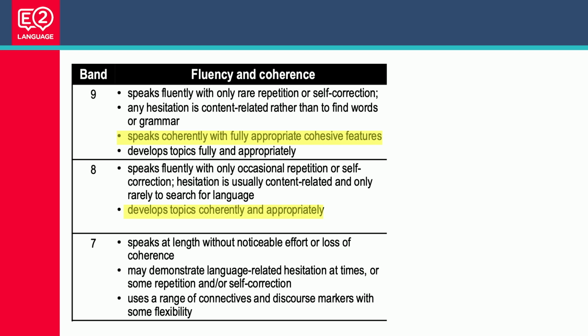So the cohesive features, that's the connectives and discourse markers, and develops topics fully and appropriately. So again, here we're talking about topic development. As you can see, some of the distinguishing features between band 7 and band 8 relate to topic development.